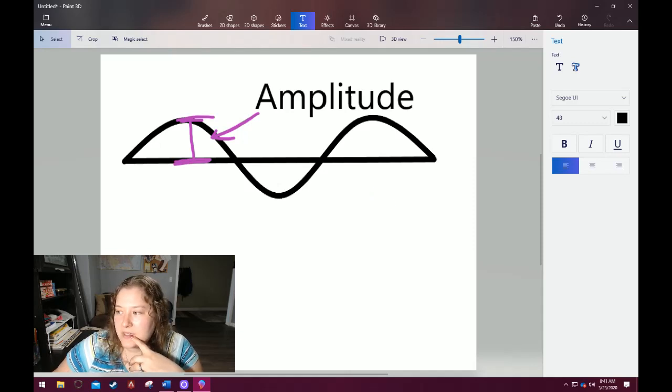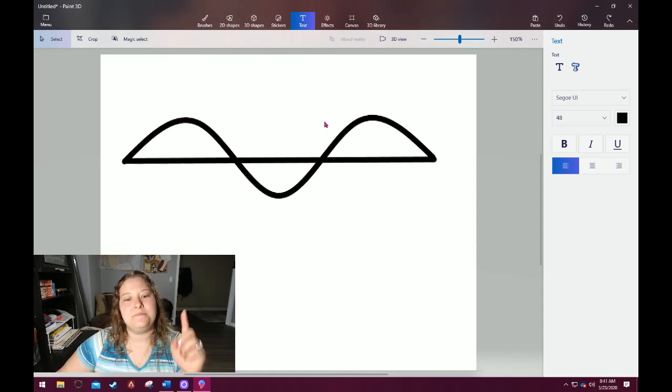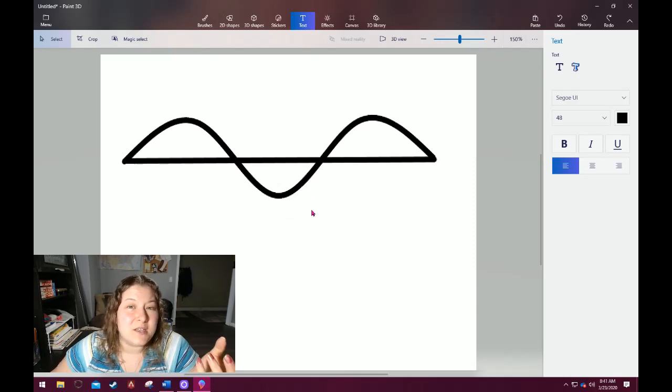The next one is going to be frequency. And let's see how I'm going to make frequency. Let's undo amplitude. So frequency is how often the wave occurs. A lot of it has to do with the speed of occurrence.